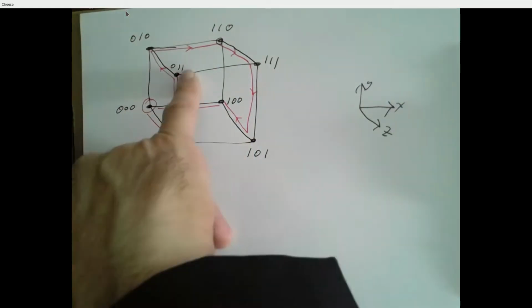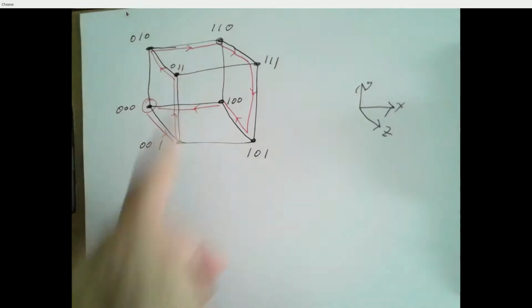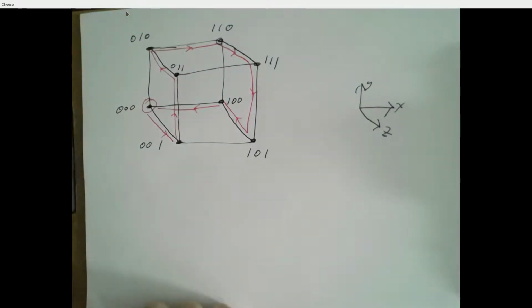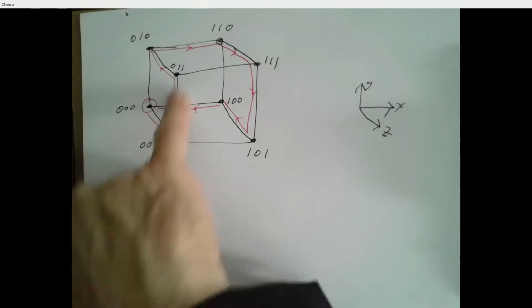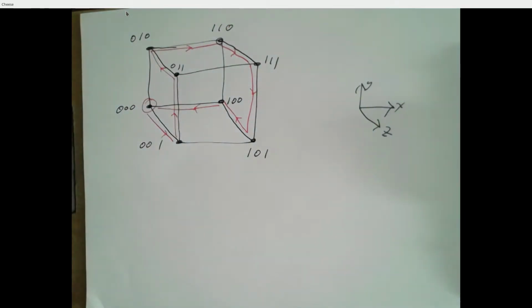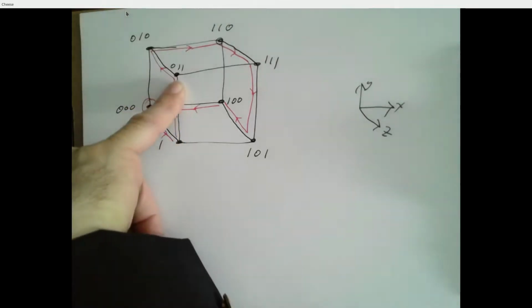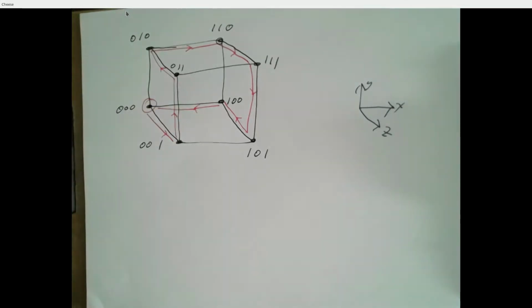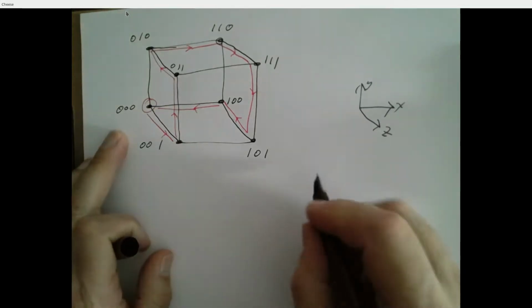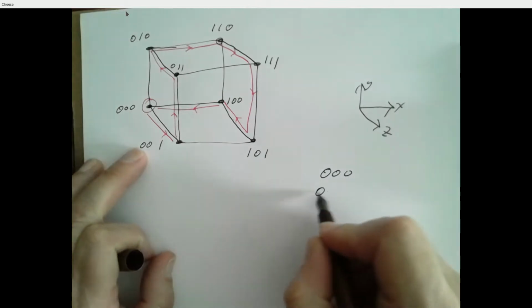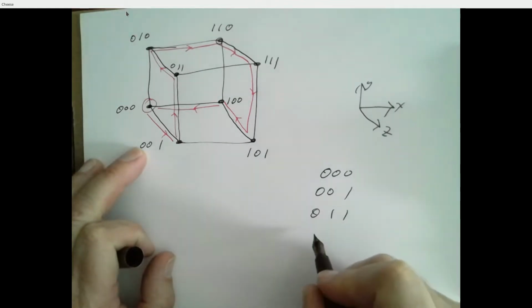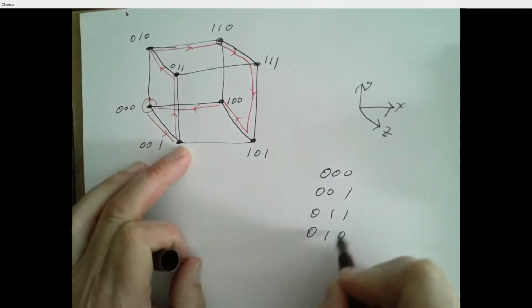From here to here, the y-coordinate changes from 0 to 1, and so on. So if we follow this Hamilton path, we know two things. One, we're going to hit every possible bit pattern exactly once. And two, as we move from one bit pattern to the next, exactly one bit will change. So if we write out the 3-bit patterns corresponding to this path, what do we have?